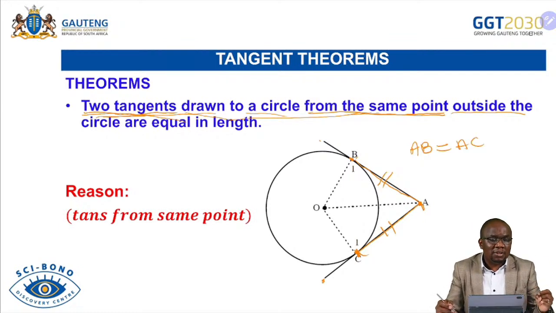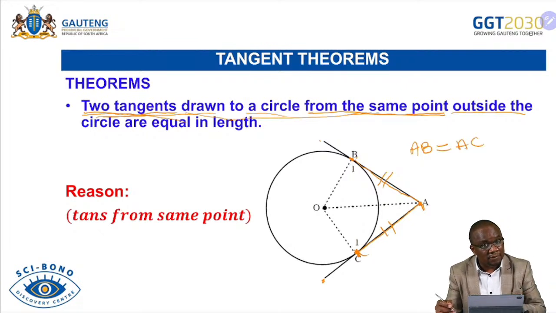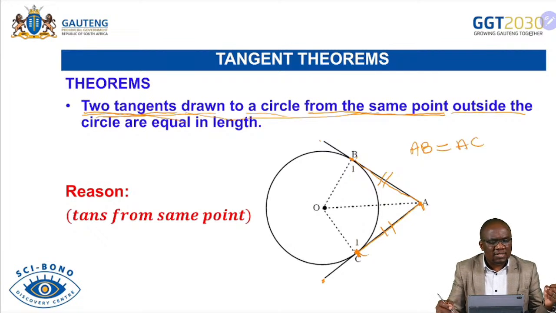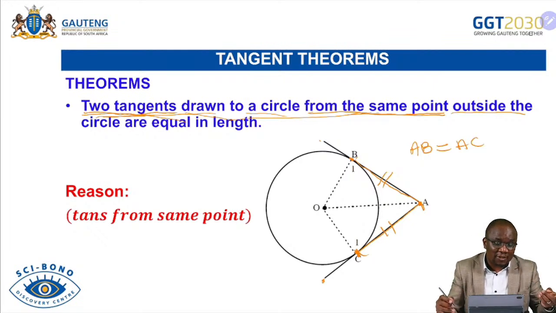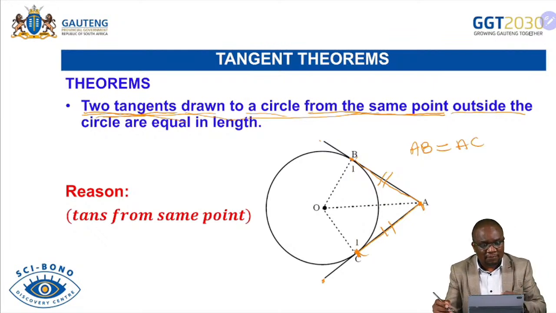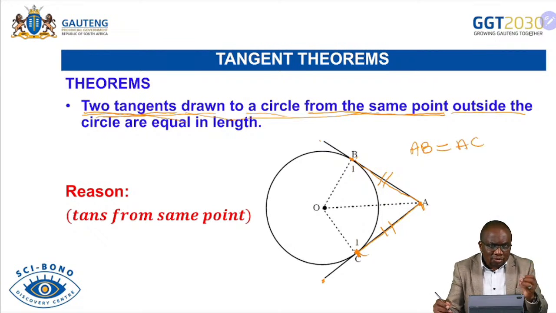The theorem that says the tangent is perpendicular to the radius or diameter, and the one which says the angle between the tangent and the chord is equal to the angle in the alternate segment, the tan chord theorem. And now, two tangents drawn from the same point outside the circle are equal. These are the theorems we're going to concentrate on today.